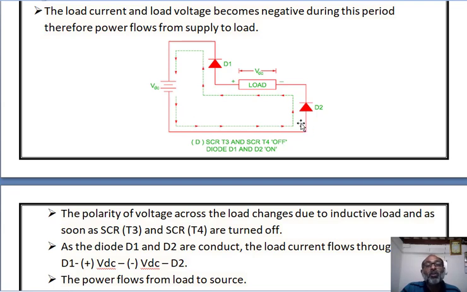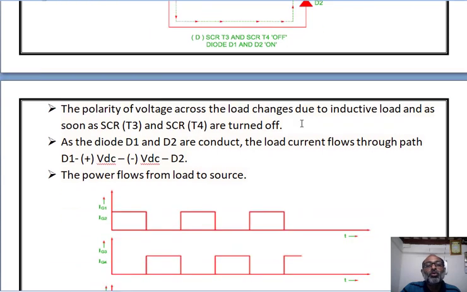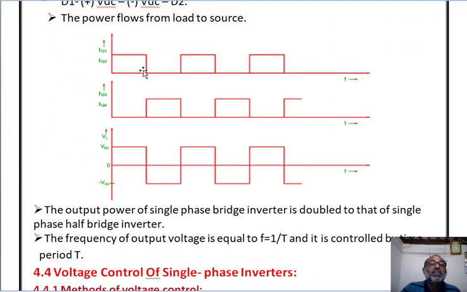Here the power flows from the load to the source. Here you can see the waveforms. This is the waveform of the gate pulse for IG1 and IG2, this is the waveform of the gate pulse of IG3 and IG4, and here is your load voltage.